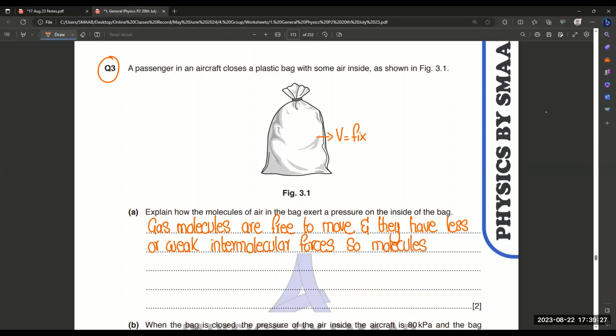So molecules collide with the walls or surface of the bag, increasing the pressure inside the bag.